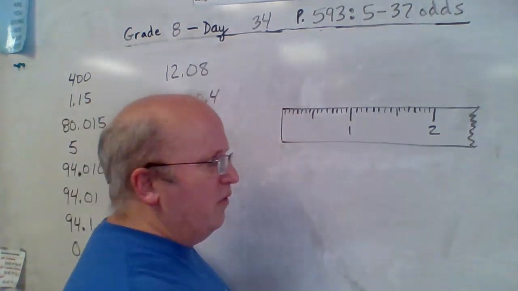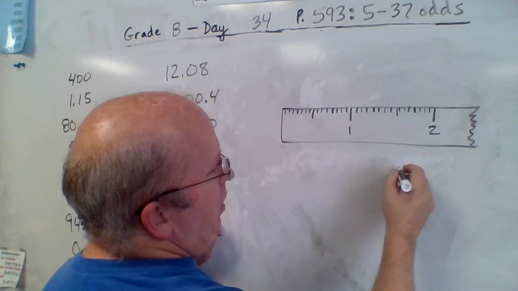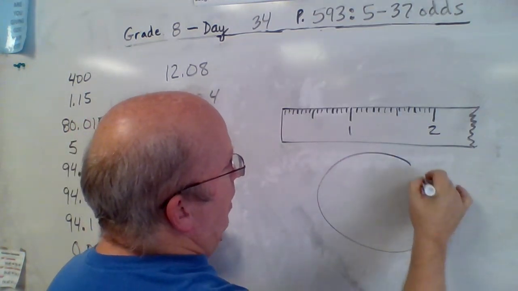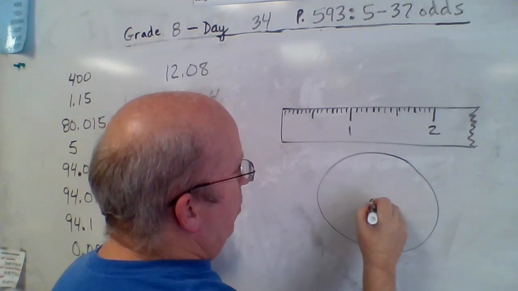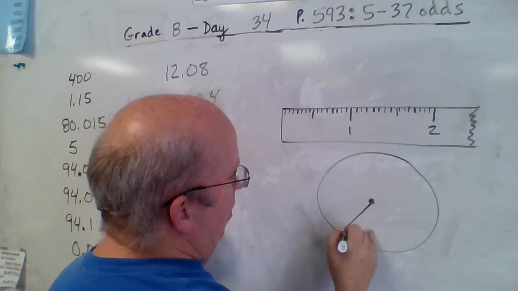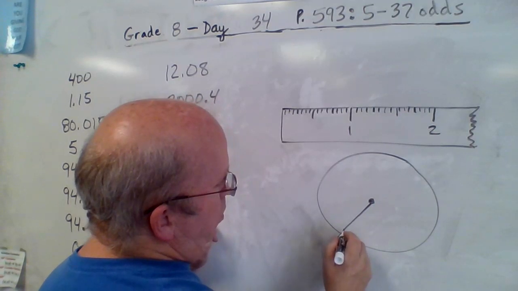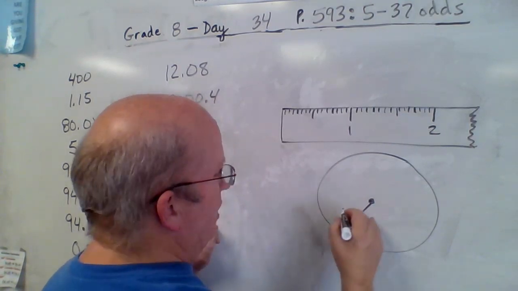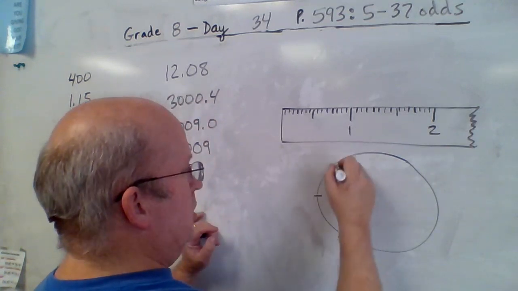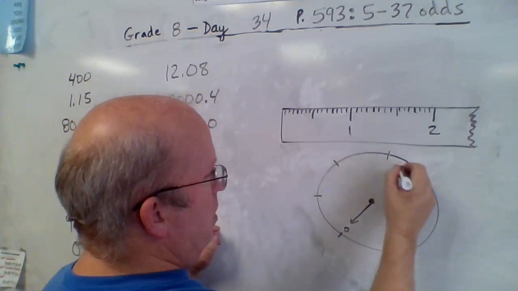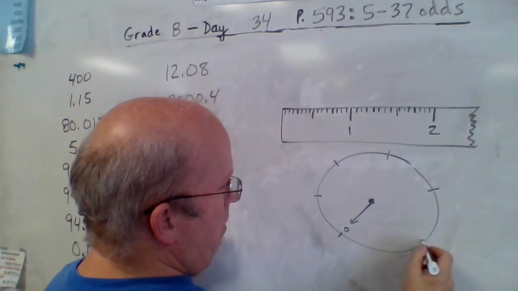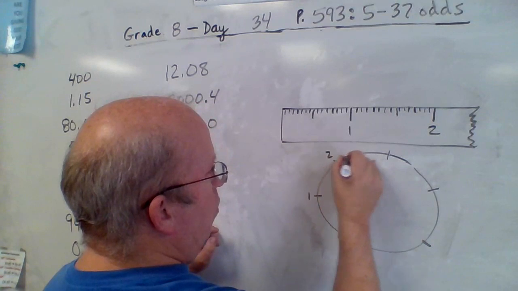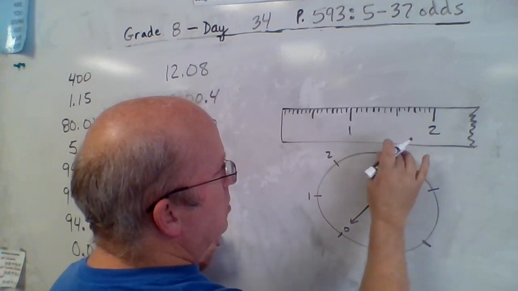Let's do it with a different sort of thing. What if we're talking about, say, for example, a scale that measures with an arm that pivots, and right now the arm is pointed to 0 because nothing's on the scale yet. But what if I put marks here, here, here, here, here.